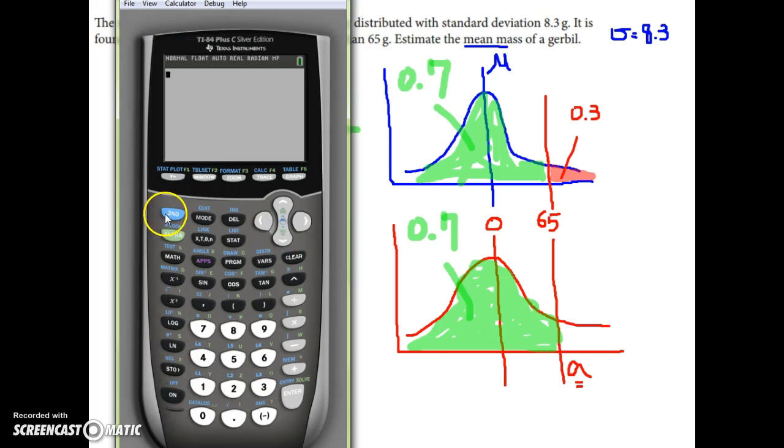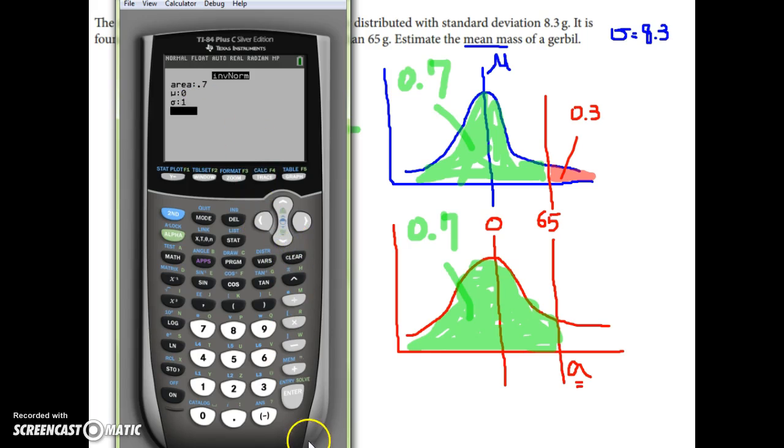Just now we were stuck because we did not know what to do with the mean. But now we are using the standard normal distribution. My area is still going to be 0.7. And this is a standard normal distribution, so my mean is 0. And what's my standard deviation? That has to be 1.